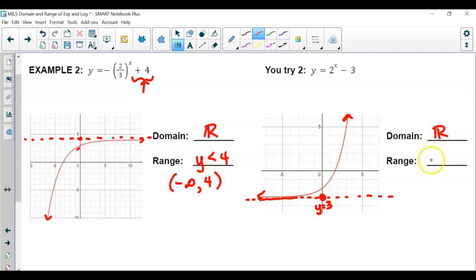But the range we have here is not all reals because the graph is above a value of, oh, and I just realized I put 3 here, guys. Sorry about that. That is negative 3. And that also matches because our transformation shows on the outside we went down 3. And again, above, so the range is greater than negative 3, or again, negative 3 to infinity.